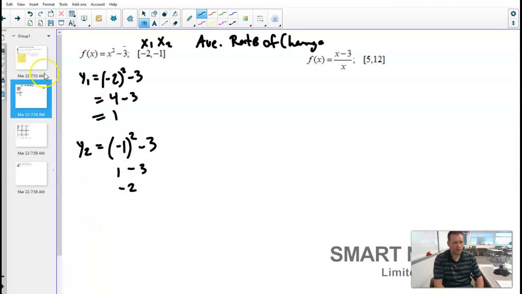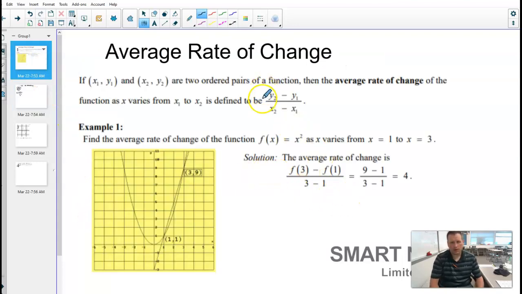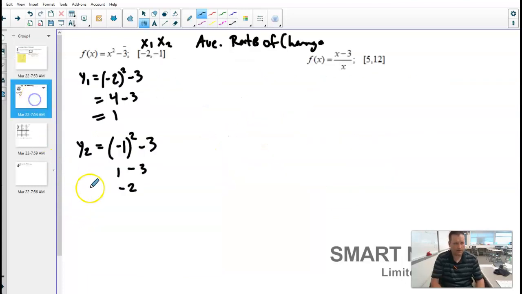And then I can just apply my equation right here to find my rate of change. The difference of my y's over the difference of my x's. So I'm going y2, so negative 2, minus y1, which is 1, all over x2, which is negative 1, minus x1, which is negative 2.